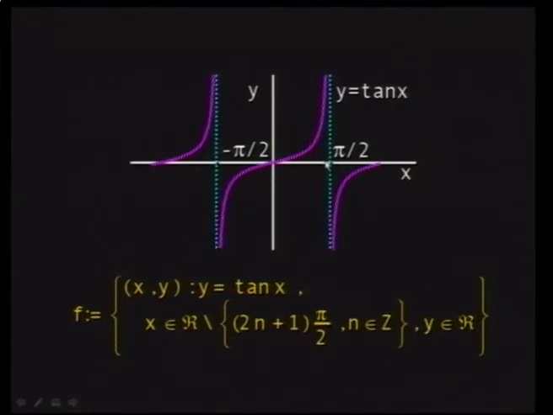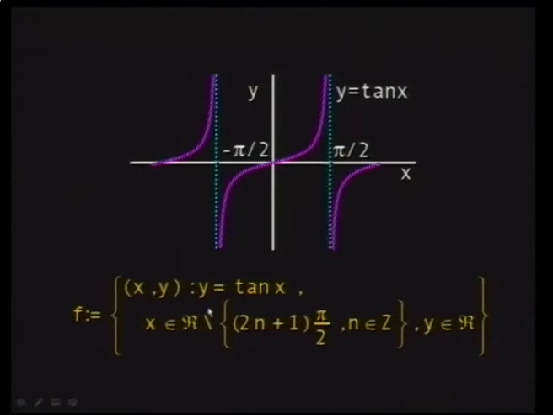When x is less than pi by 2, it goes to infinity. When x is a little bit more than pi by 2, it goes to minus infinity. So it has an infinite number of asymptotes at pi by 2, at minus pi by 2, at 3 pi by 2, etc. And at all these values you have an asymptote.